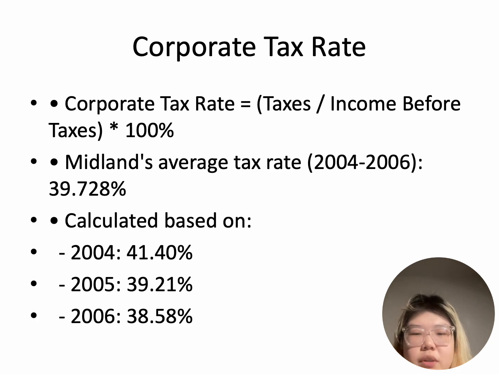We calculate Midland's average corporate tax rate is 39.728%, and we will use this in our WACC calculation to account for the tax saving from debt.